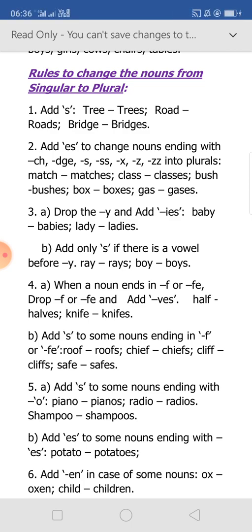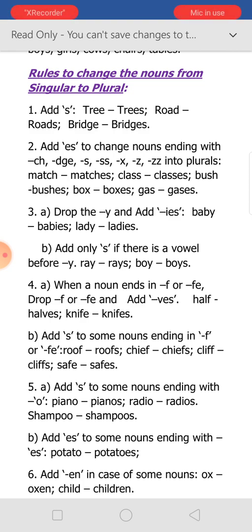Same, class. The last two letters are ss, so we are adding es: classes. Bush, sh, so bushes. X, boxes; gas, gases.